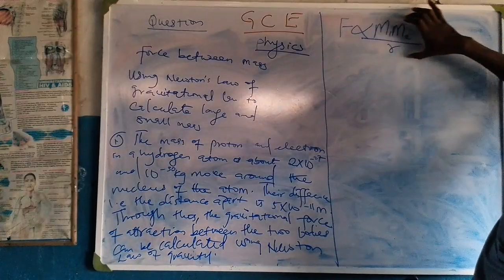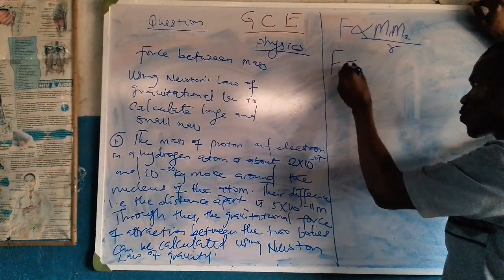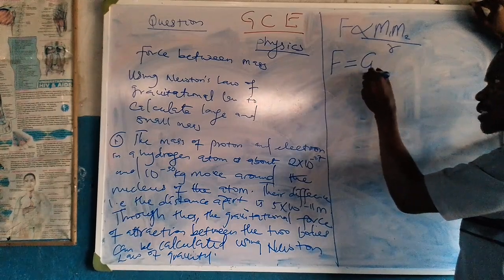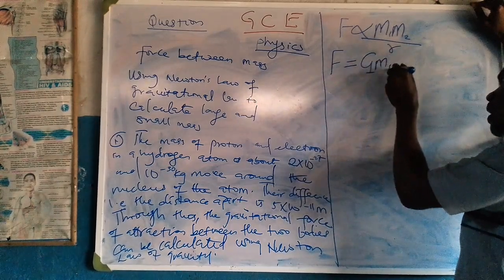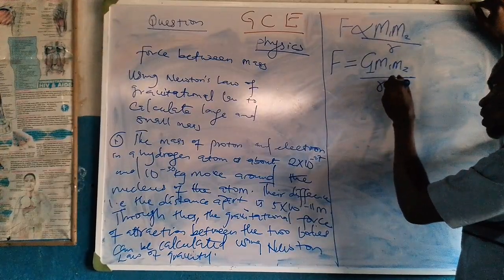Does that mean that F, the force that moves the two bodies, is directly proportional to the proton and the electron, M1 M2, and inversely proportional to the distance apart? When you use this formula, it is written as F equals G M1 M2 all over the square of the radius.